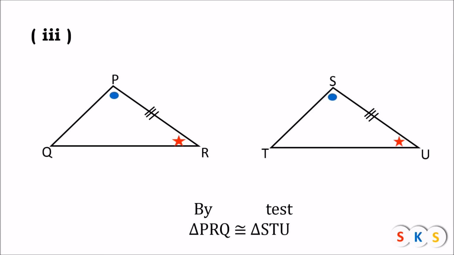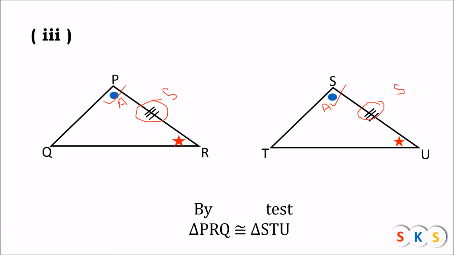Here we have question number 3. You can see that some identical marks are shown in the figure itself. You can see here angle P and angle S got the same kind of mark. Therefore angle P is congruent to angle S. And you can see here side PR and side SU got the same kind of mark. Therefore side PR is congruent to side SU.